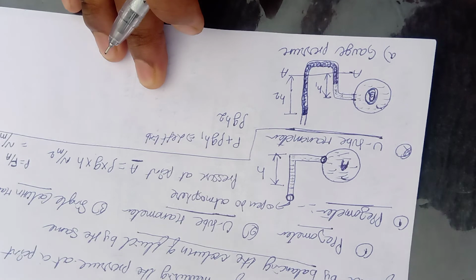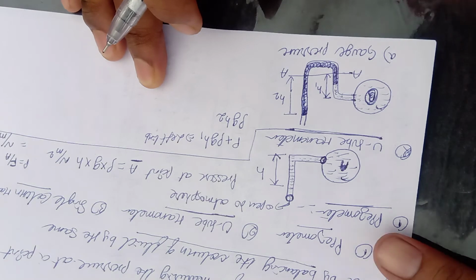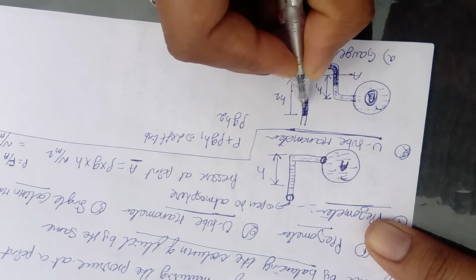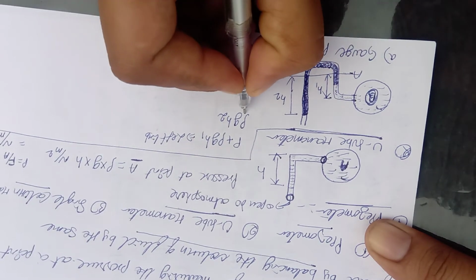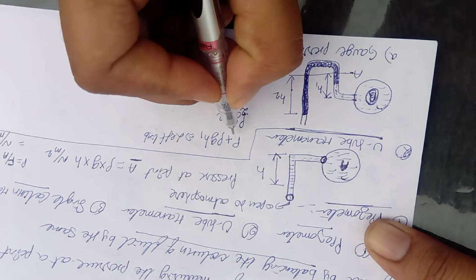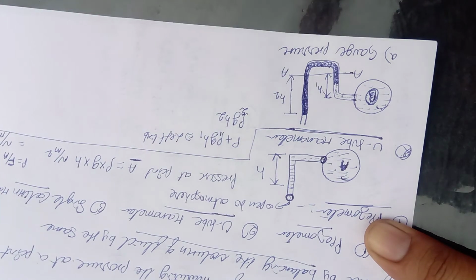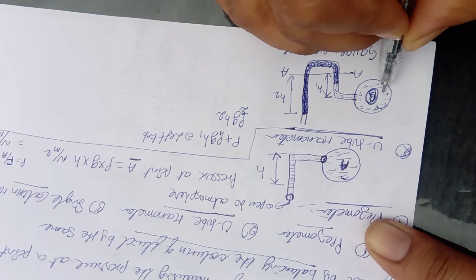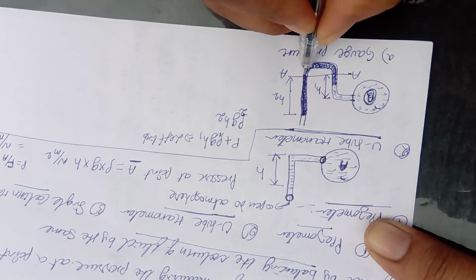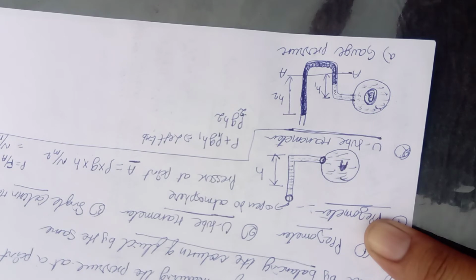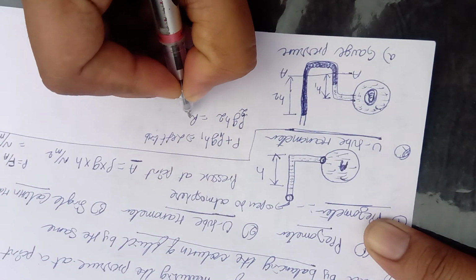But the rho for this liquid is different from the rho for that one. If you take the density of this liquid as rho 1, then you take the density of this heavier liquid as rho 2. So this is the pressure in my right limb.